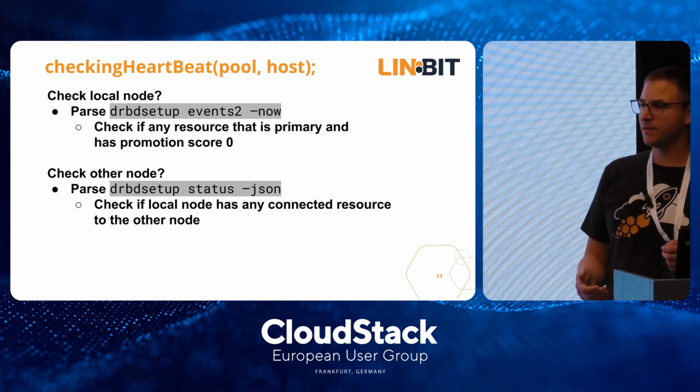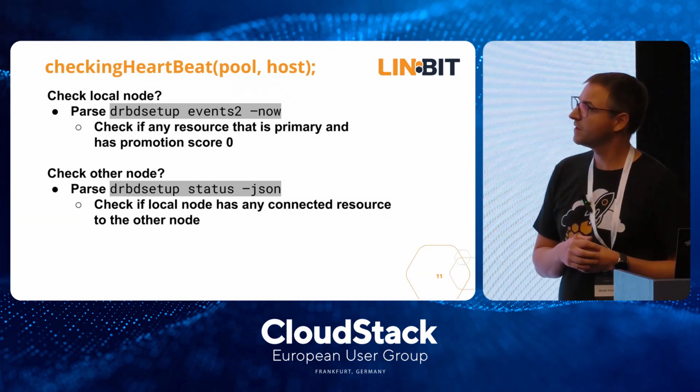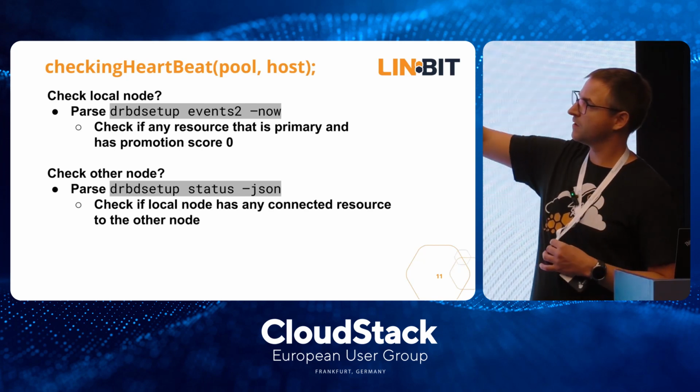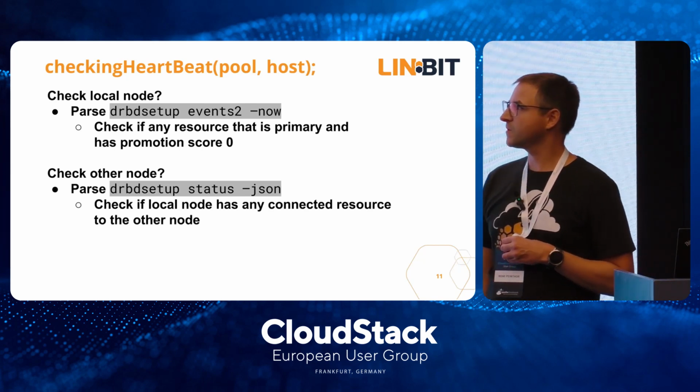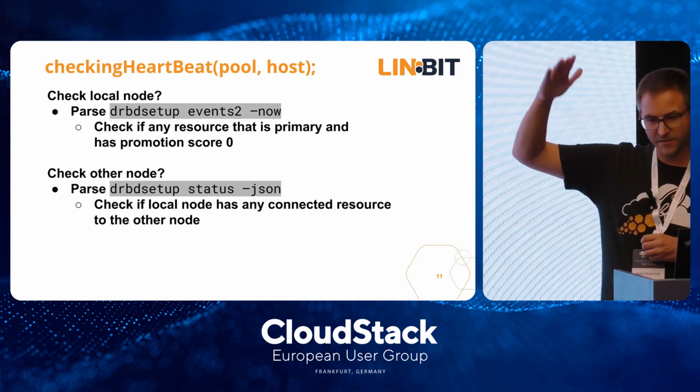And what happens in the Linstor plugin here is, if it's the local node, it parses the drbdsetup events2, which is an event stream from DRBD, where you get all current states at first. And if you would not have, say, now, because now will just give you the current picture of the events, then it's just an event stream, and you would get connection attempts and dropped connections and such stuff.